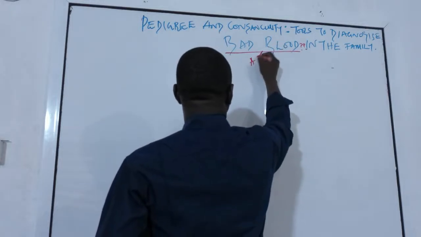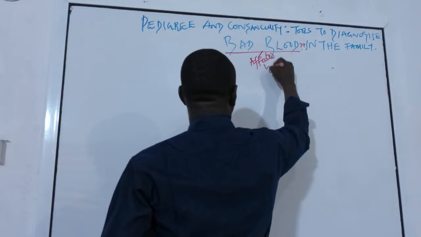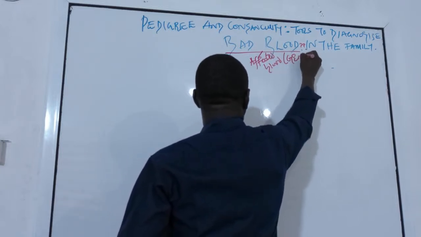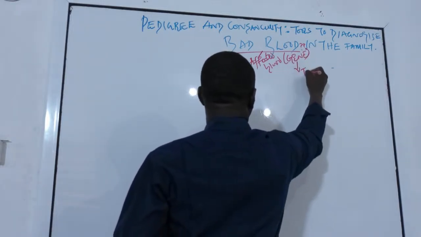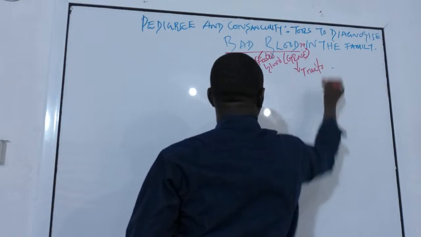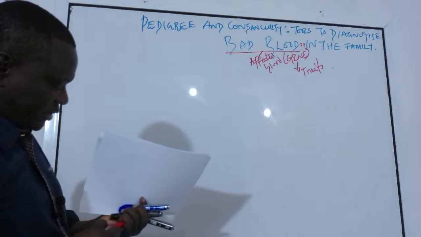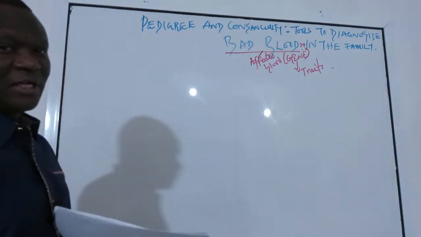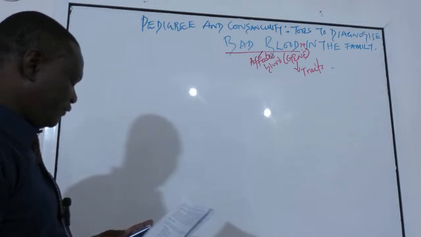Bad blood here means affected blood, or affected gene. So this time around, we are talking of an affected gene, or what you can call a trait, because we believe that if there is any genetic disease at all, that must have happened at the genetic level.